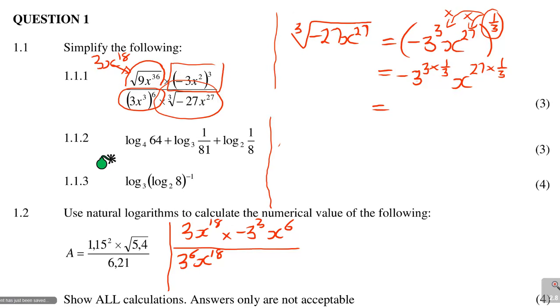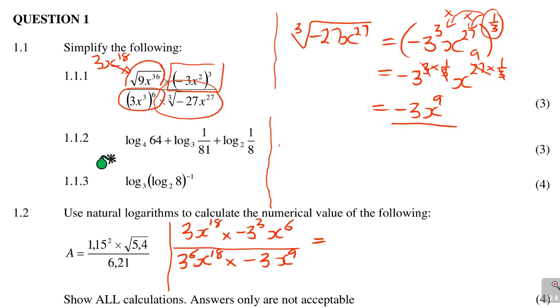So when you do that, it will then become negative 3 x. Now 3 into 27 is a 9, so x to the power of 9. So that will be here to say times negative 3 x to the power of 9. So you see how this has been simplified too.